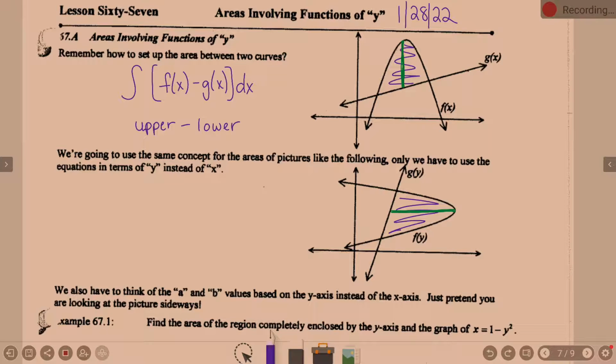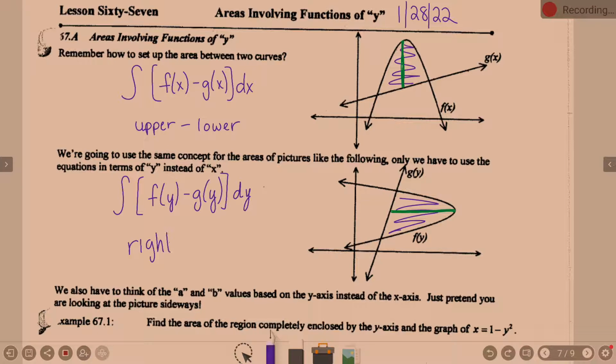Now, you'll notice if we're doing right minus left on this one, then that's going to be the integral of, which one's our right one? f of y. f of y minus g of y times dy.